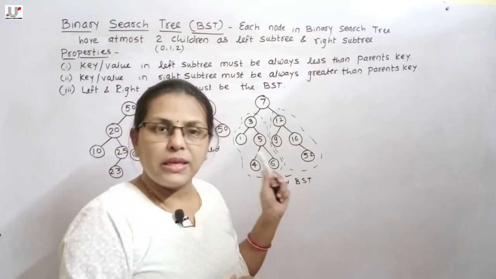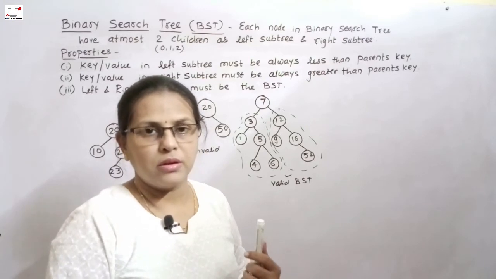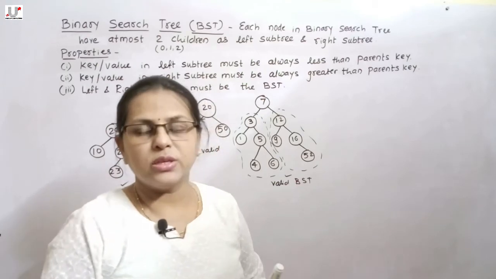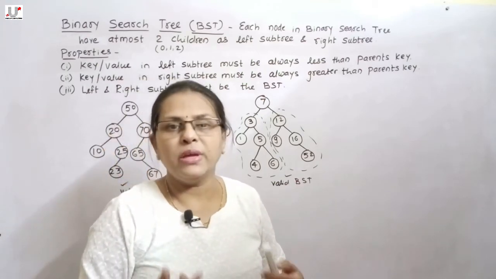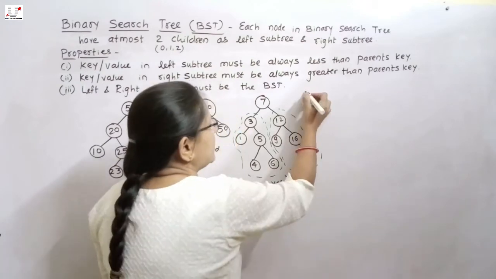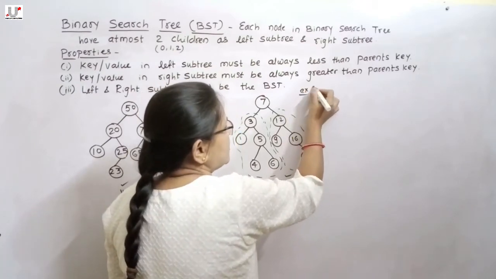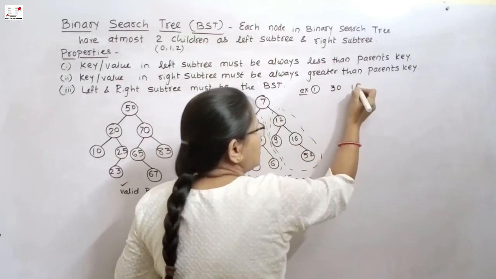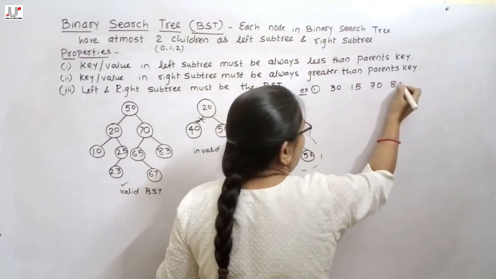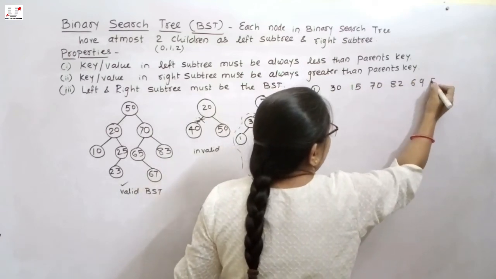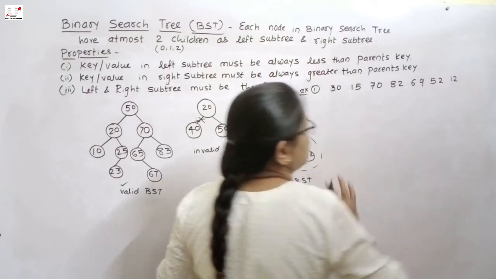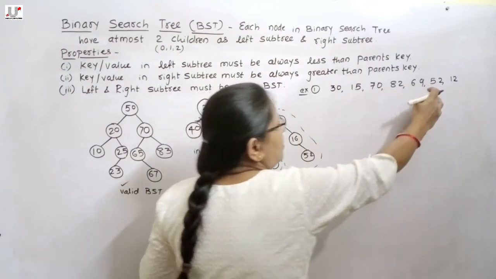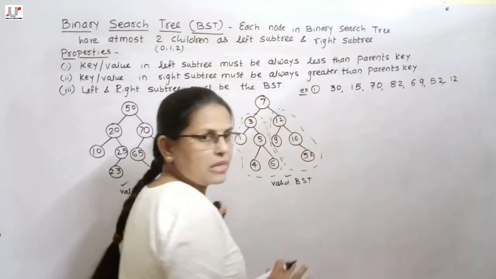The keys, meaning the values we want to insert in the binary search tree, may be integers, characters, or strings. Suppose in the first example the keys are 30, 15, 70, 82, 69, 52, 12, and the question is to construct a binary search tree using these key elements.